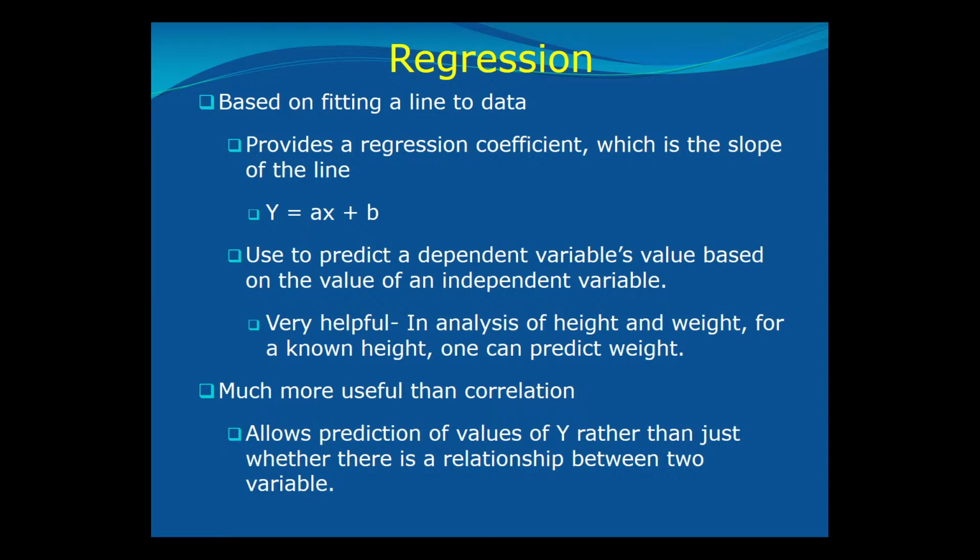So if we make regression analysis, we need to substitute correlation with mathematical equations. The mathematical equation for the line is y equals ax plus b. We use regression or regression analysis to predict a dependent variable's value based on the value of an independent variable.